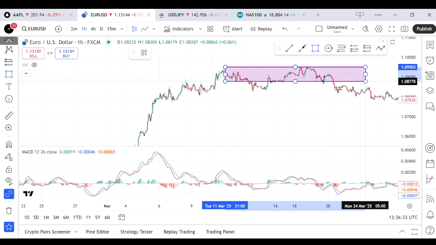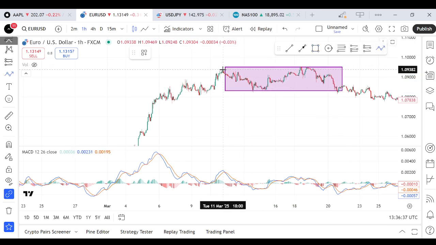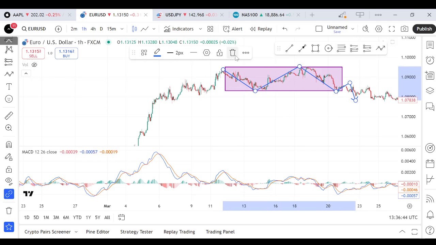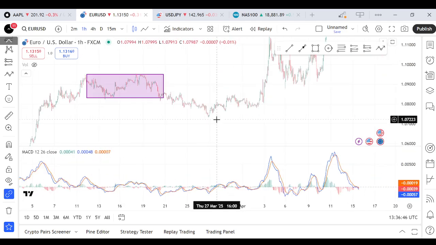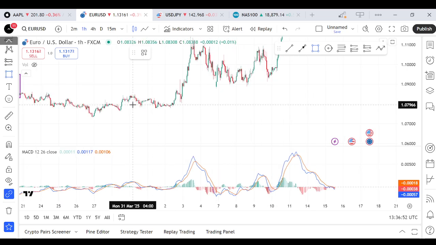I have one here where price is just moving between support and resistance, failing to break any of them till it finally broke this. And looking for good ranging markets which we can use for our example. So the very first step is to identify a clear trading range.